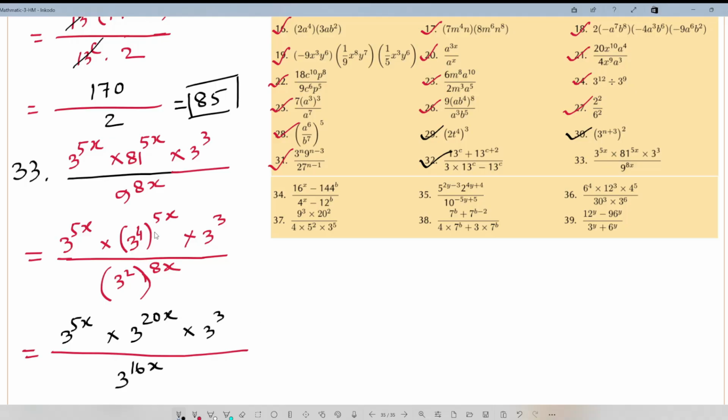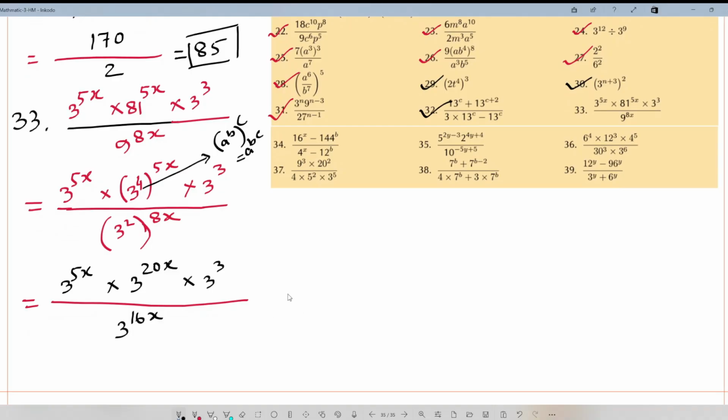Why do we write this? Because we know a to the power b to the power c means a to the power b times c. Now we will do a big thing: here is 3 to the power 5x, 3 to the power 20x, 3 to the power 3. Here are product signs, bases are the same, so powers will be added. 3 to the power 5x plus 20x plus 3, and here is 3 to the power 16x.